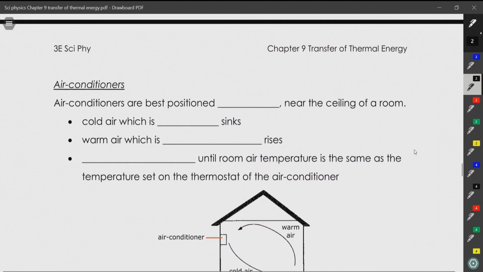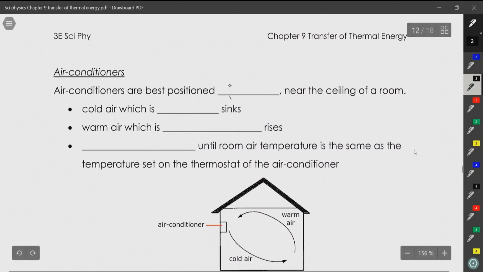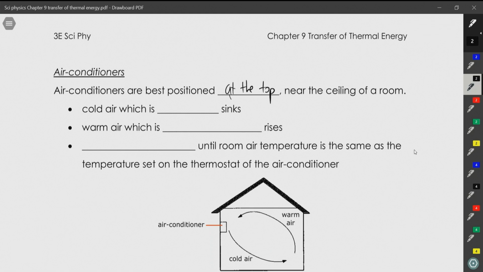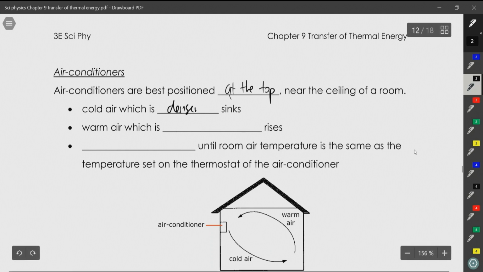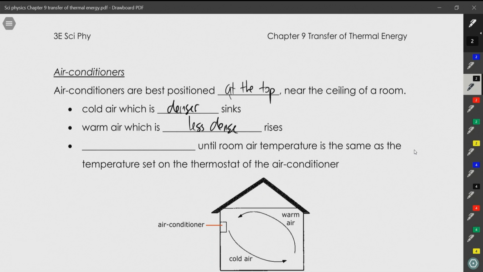Now let's talk about the application of convection. Air conditioners are best positioned at the top, near the ceiling of the room. I think I mentioned briefly about this in class. Why? Because cold air, which is denser, sinks, while warm air, which is less dense, rises.